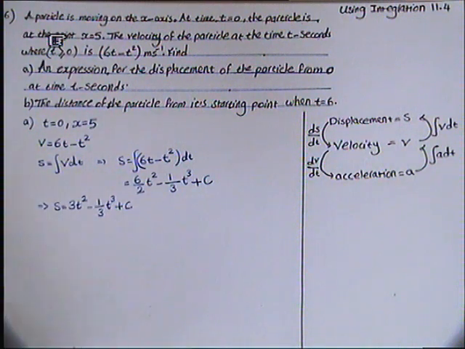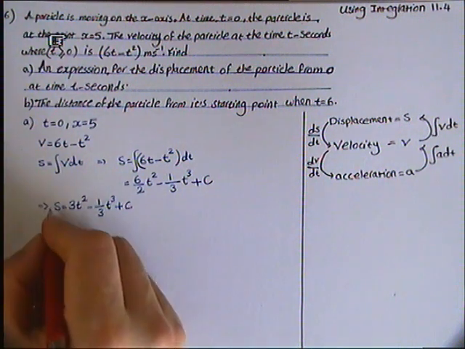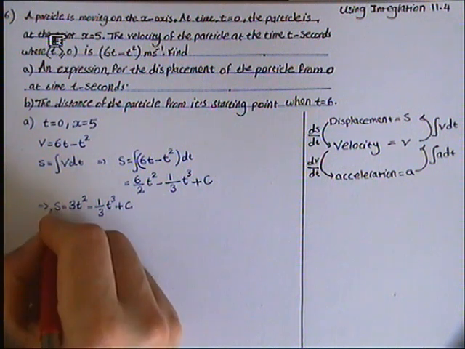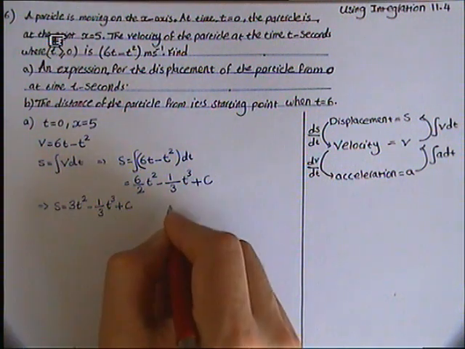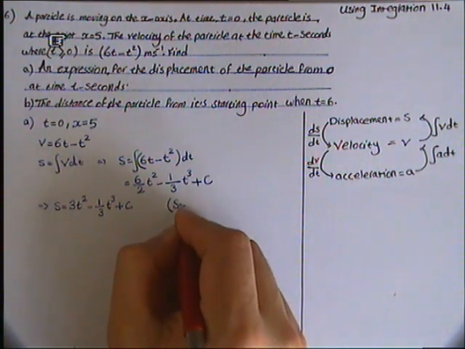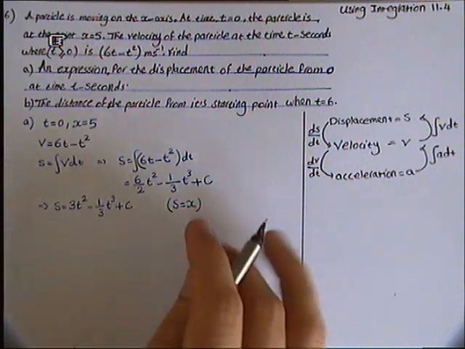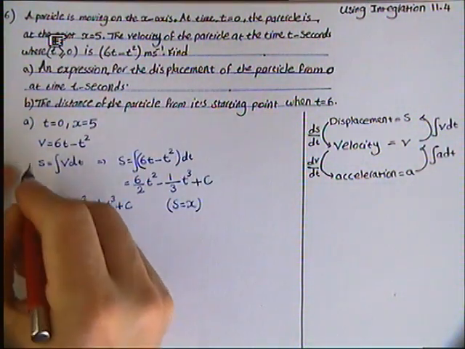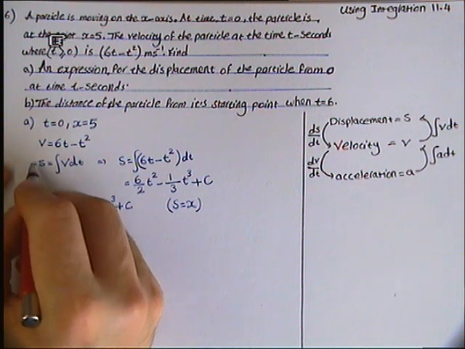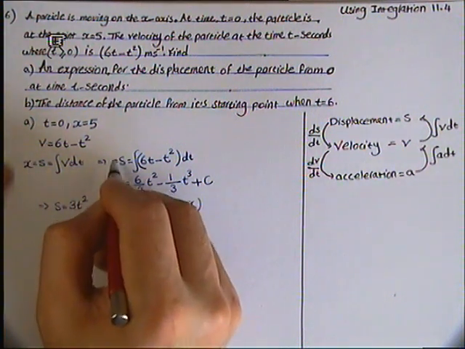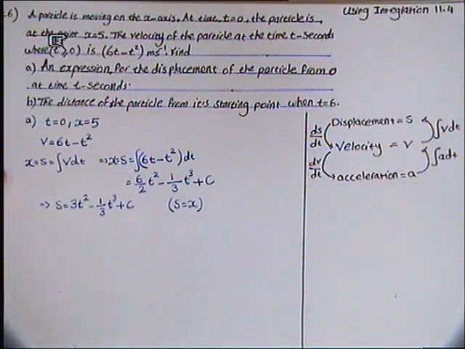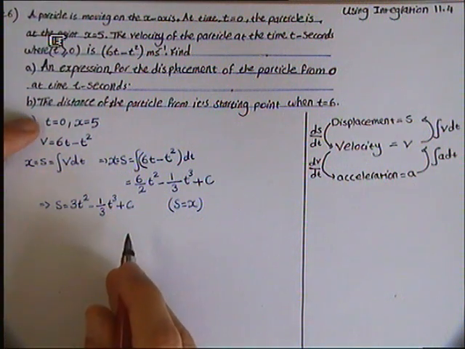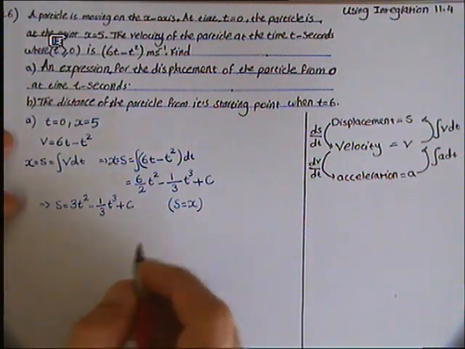We know that in this case S is equal to x. We should clarify that S is equal to x because it says it moves on the x-axis, so I should label it x or s. However, I didn't really need to write s here, I could just use x. To find c, it says when t is equal to 0, x equals 5.